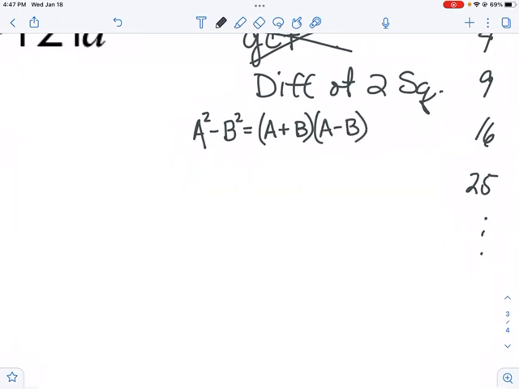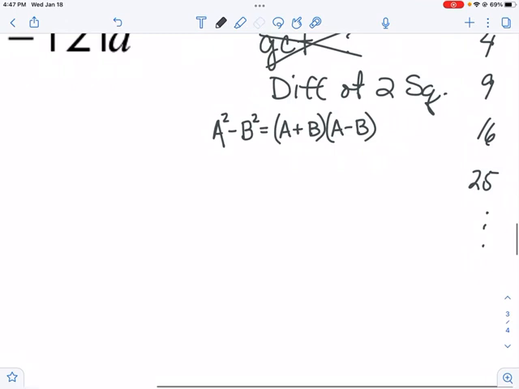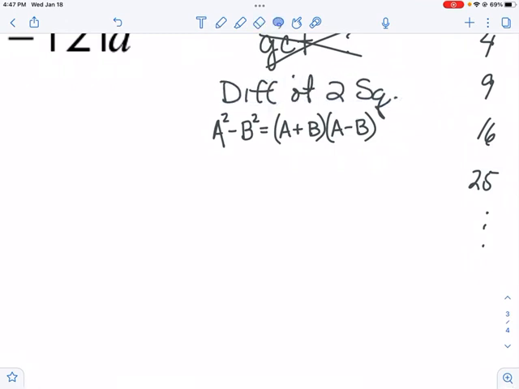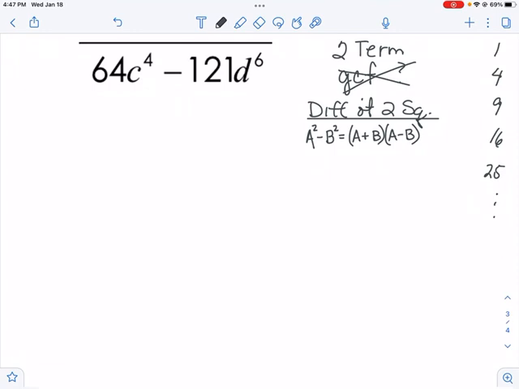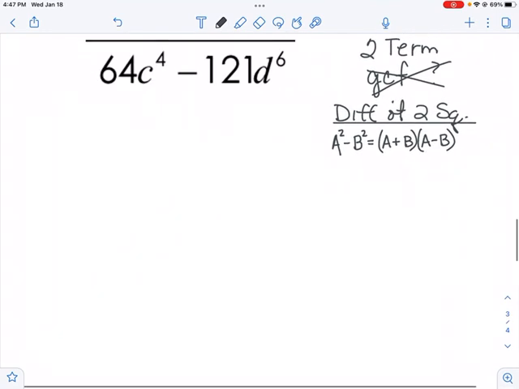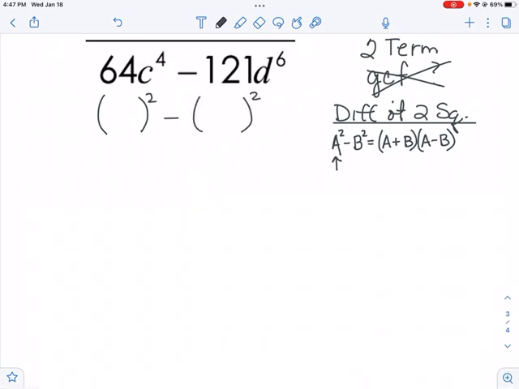I have a place that I have to be, so I want to see if I can get this done quickly. I need to write it in this form, and it's apparent to me that I can. I'm going to write it as a square minus a square. 64 is 8 squared, and c to the fourth is c squared squared.